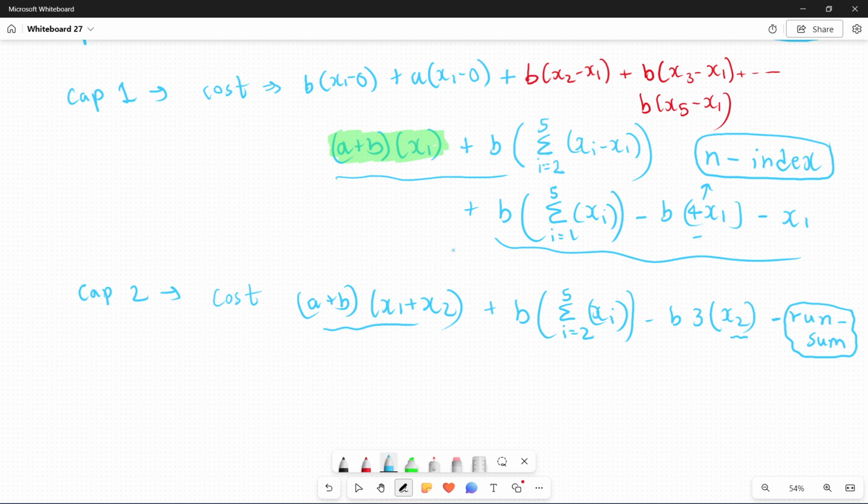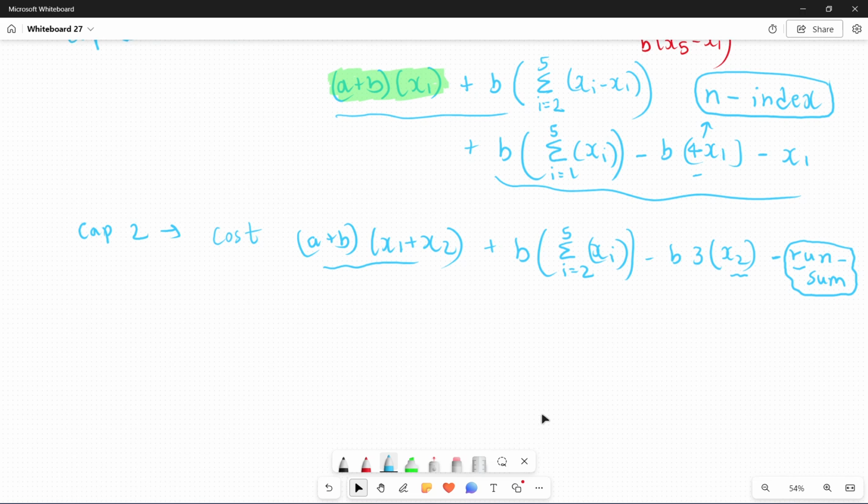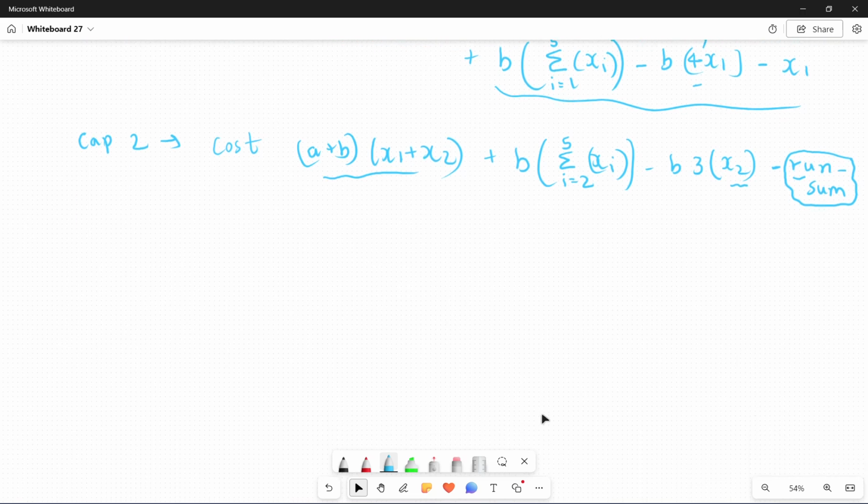I think you have got the idea why running sum, but if you have not, you should make a simple test case and dry run it for yourself for n equal to 3 or some small values, and you'll know why running sum.